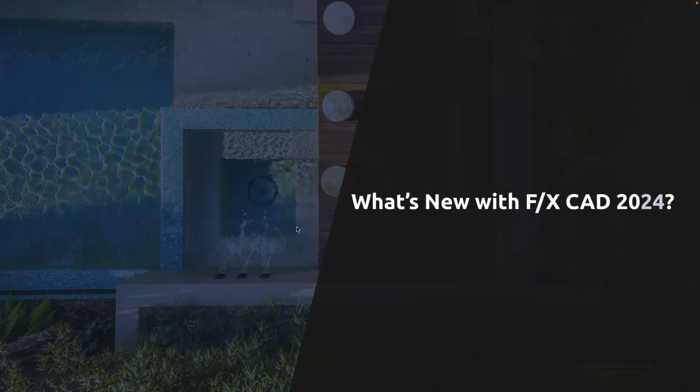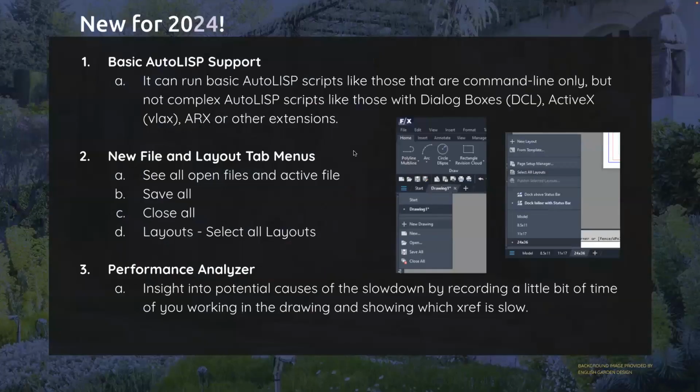Okay, that's awesome. Let's move on to 2024. Basic AutoLISP support is the big thing. A lot of people have come in with technical support tickets and asked about this: I have this Lisp that I want to use, and I'm using FXCAD, and FXCAD doesn't load AutoLISP at all.